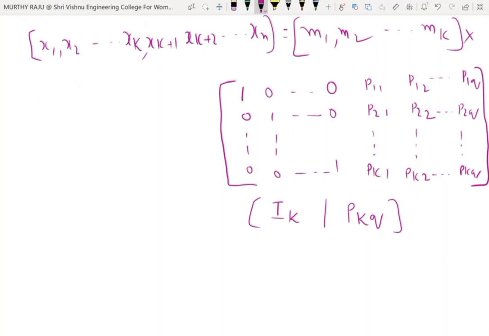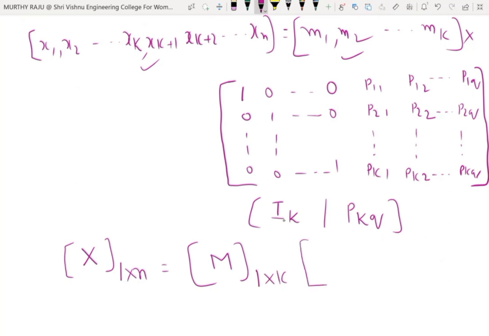Here X is the encoded code word vector, capital X, 1 cross n dimension. This one is the message vector capital M, 1 cross K. This one is G, K cross N, where G is called the generator matrix of that linear block code.